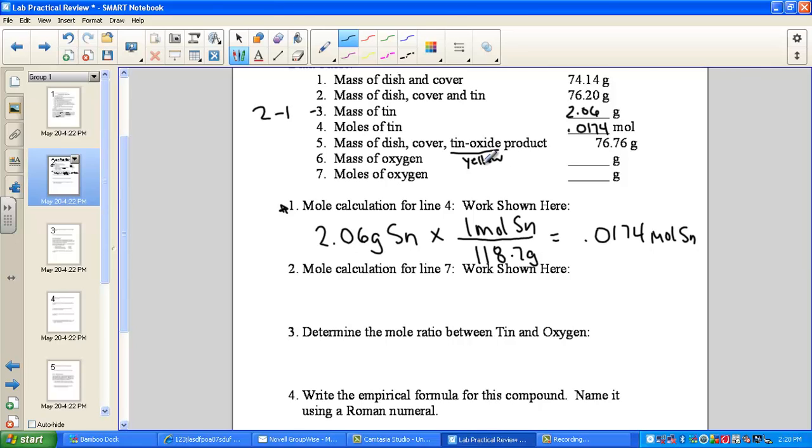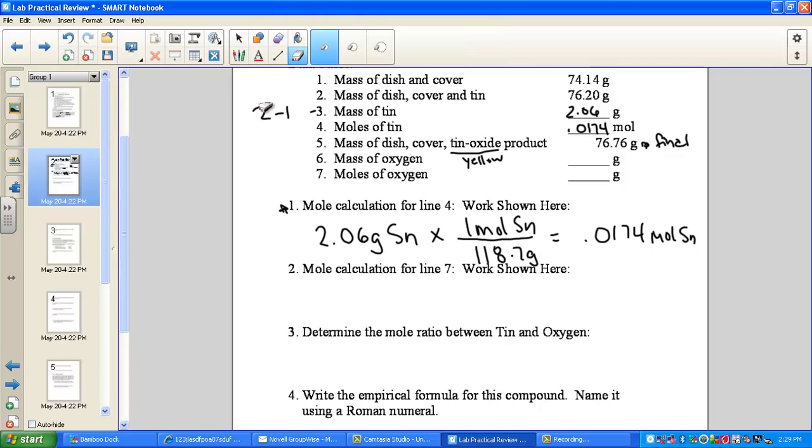That's when you know it's good and dry. Shut the flame off and let it cool. When you let it cool, the final weighing, 76.76 grams, the very final weighing. That is the tin oxide product sitting in a dish.